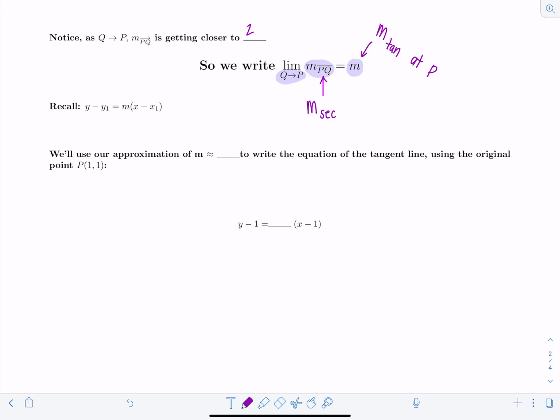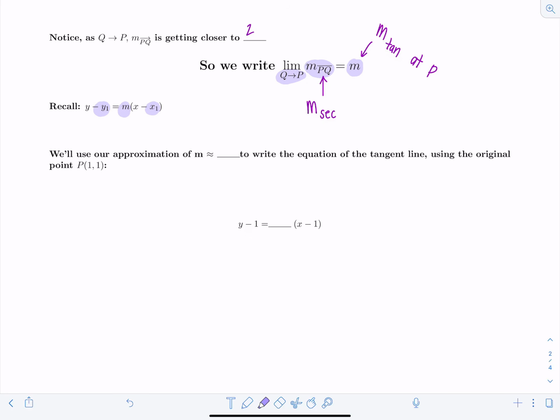So the main difference is when you draw a secant line through a curve, you need 2 points, but when you write the equation of a tangent line, you just have that one point, the point of tangency. Remember we mentioned earlier you need a slope and a point to write the equation of a line, and we can put them together in point-slope form.